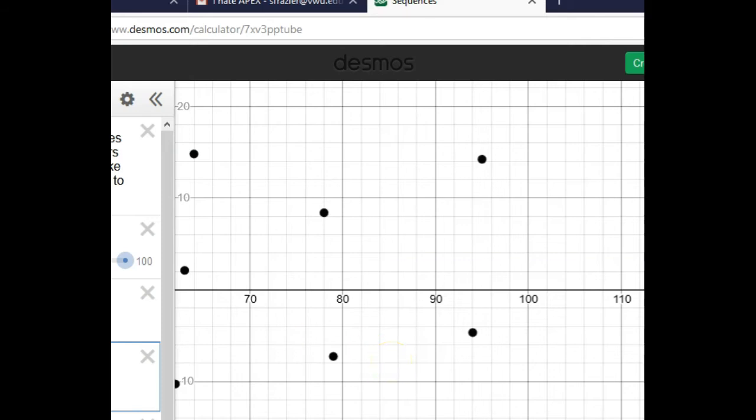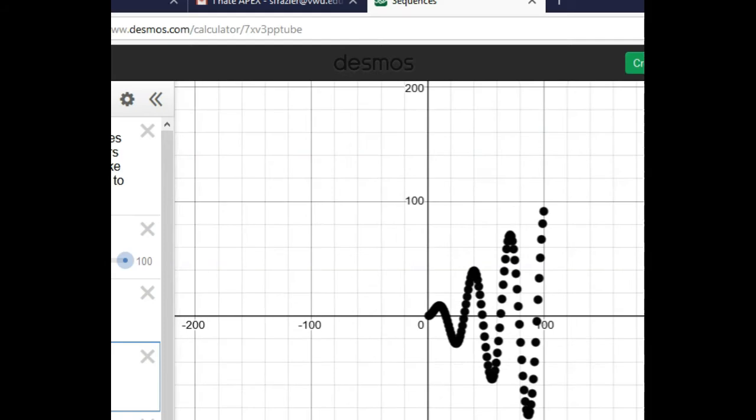So let's see what's happening here with this limit.